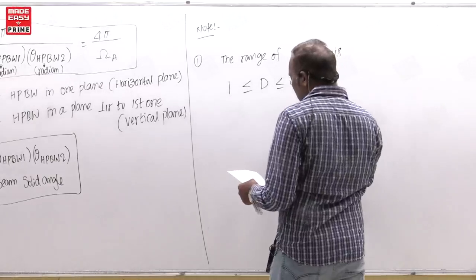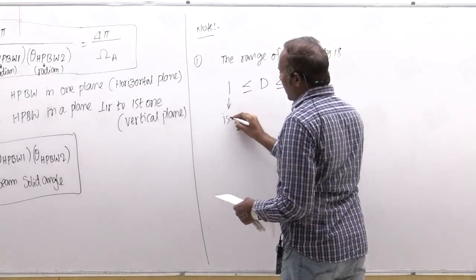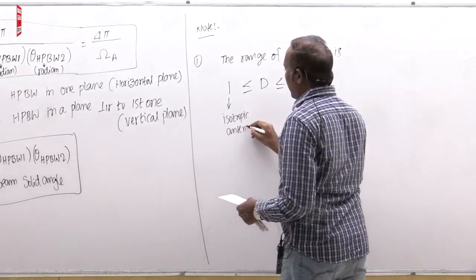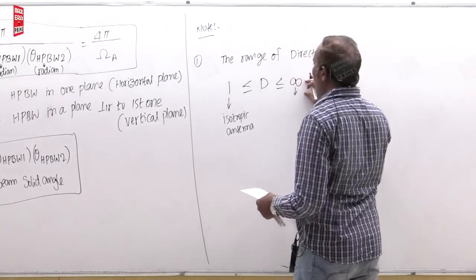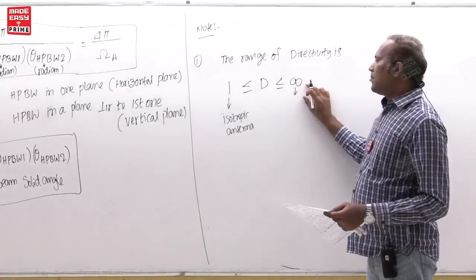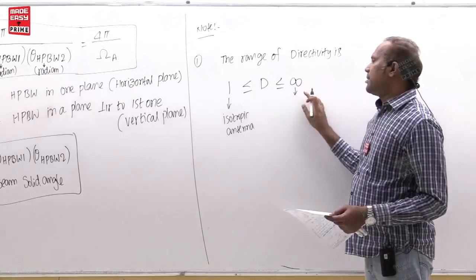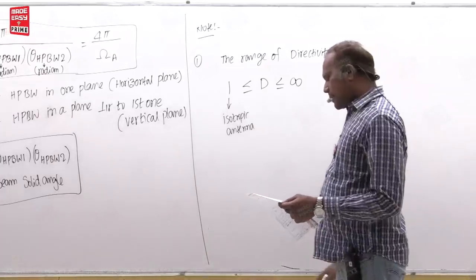You know that directivity 1 is for isotropic antenna. This infinity value is not possible, even for a highly directional antenna. It is only a theoretical discussion. That means the antenna sends power up to infinity distance, which is actually not possible. That is an ideal discussion.